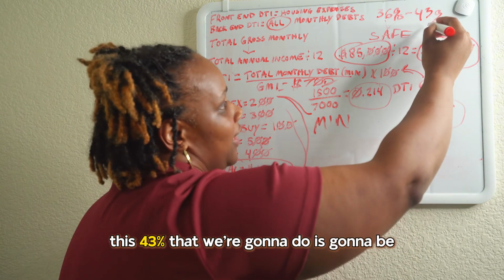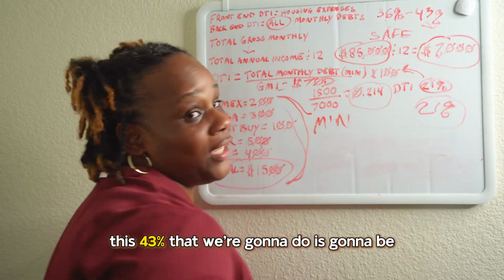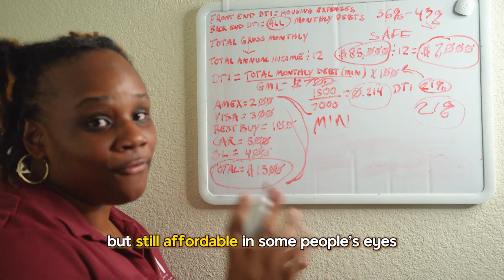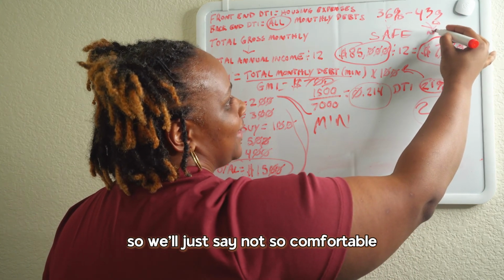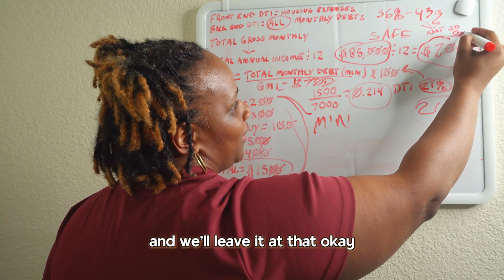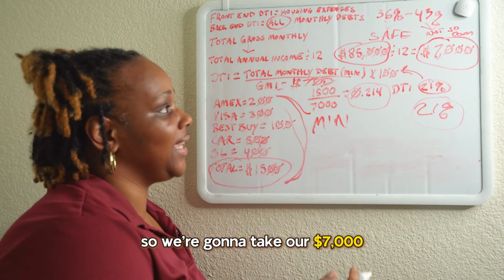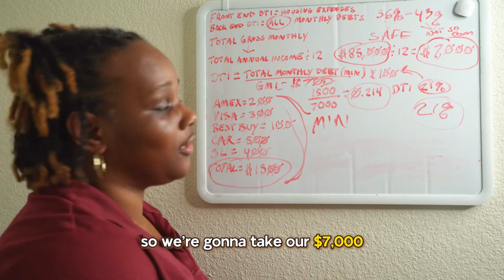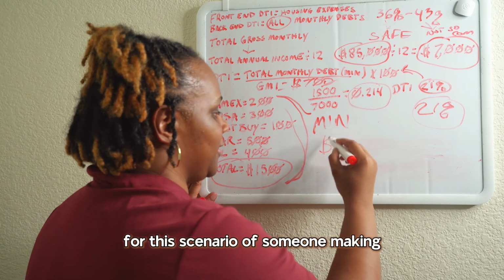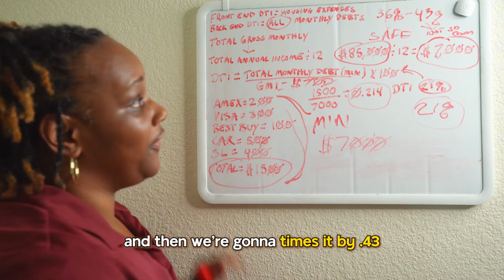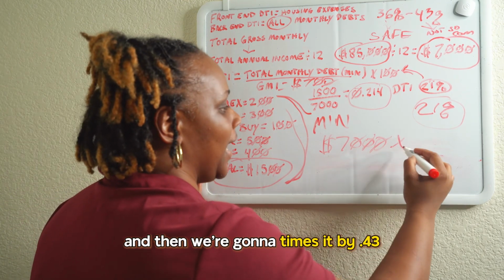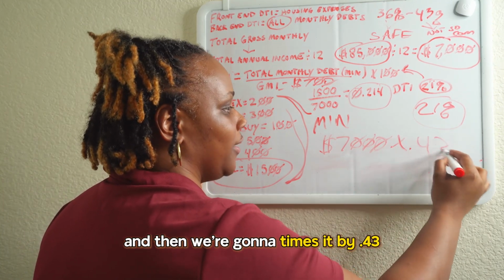This 43% that we're gonna do is gonna be not so comfortable, but still affordable in some people's eyes. So we're gonna take our $7,000 gross monthly income for this scenario of someone making $85,000 a year, and then we're gonna multiply it by 0.43.